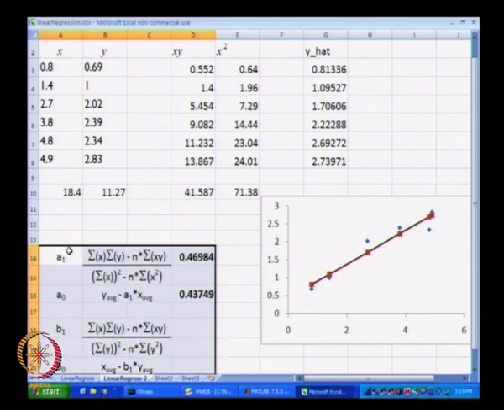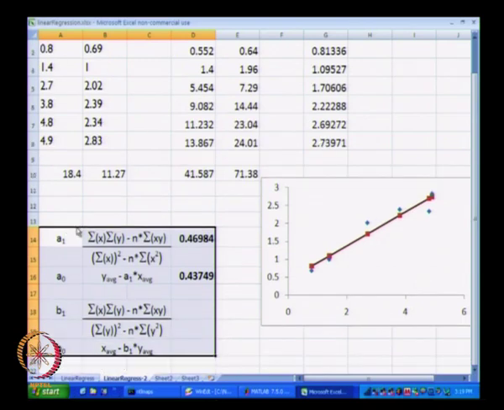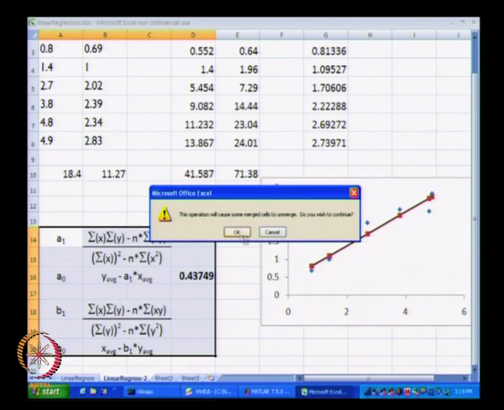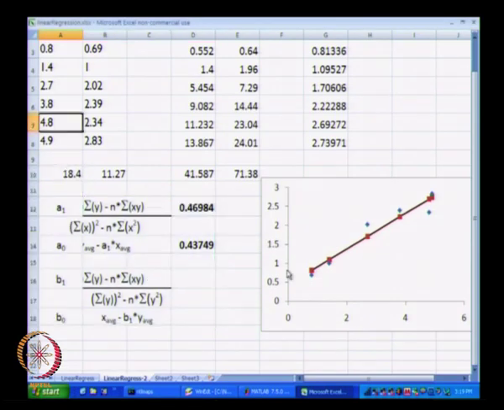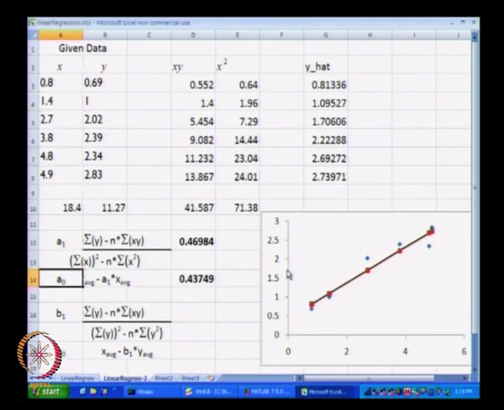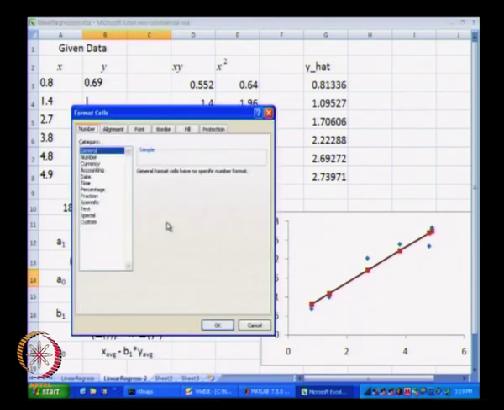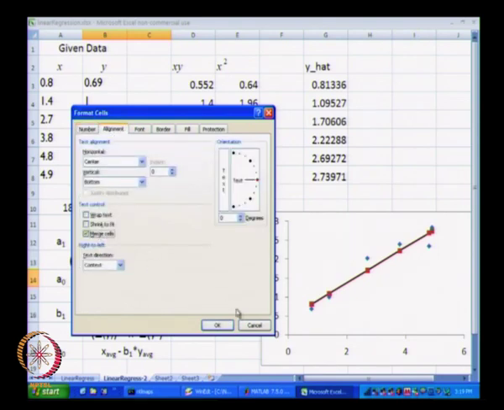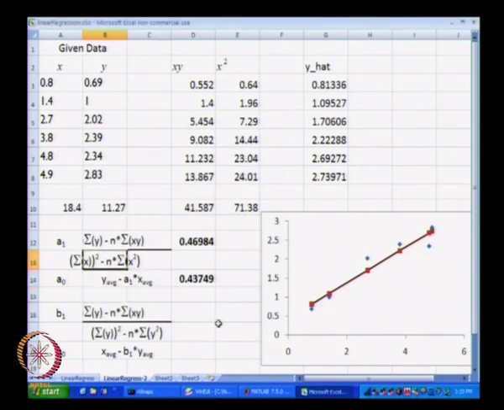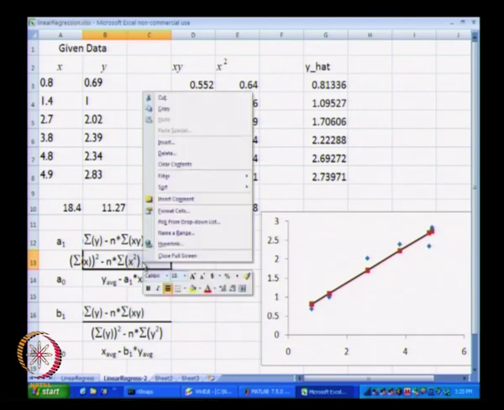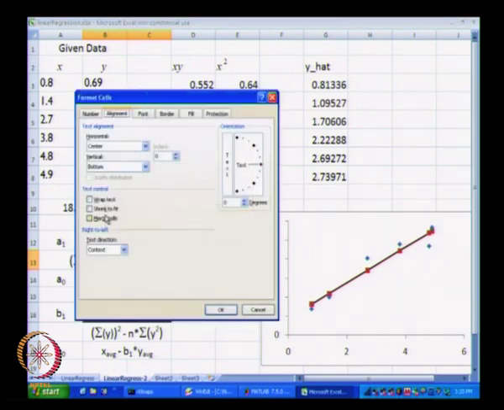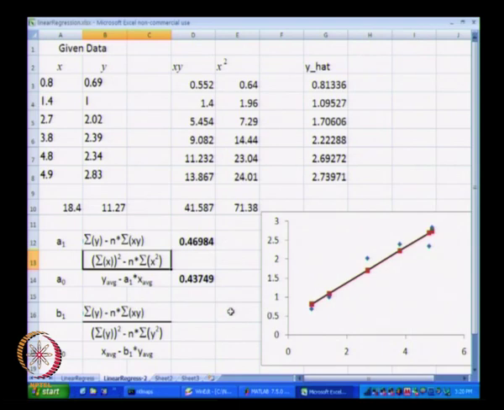So, I will just drag it upwards so that it is all visible in a single view. This is what we get for B1 and B0.